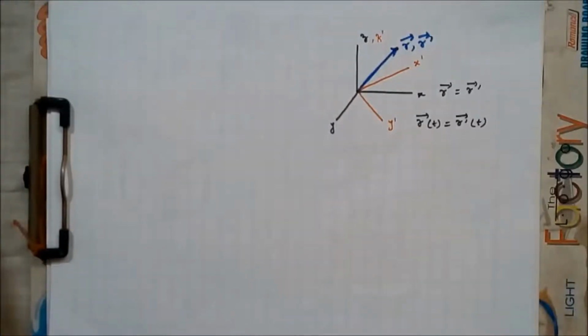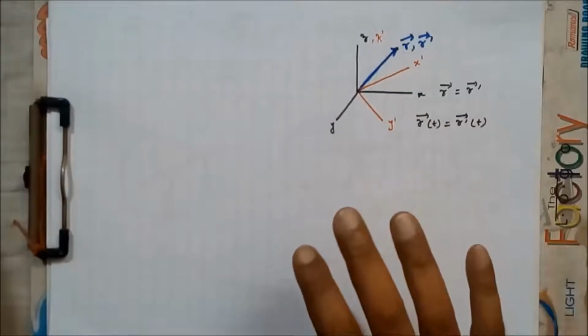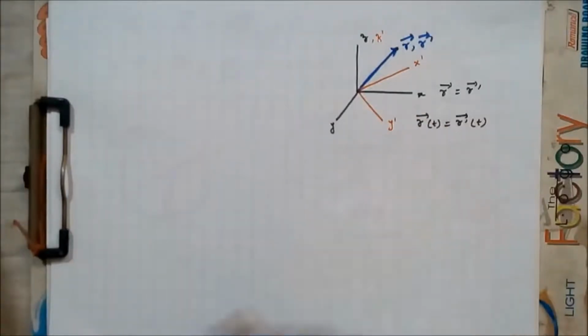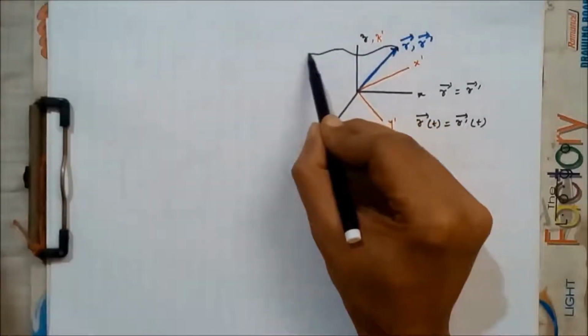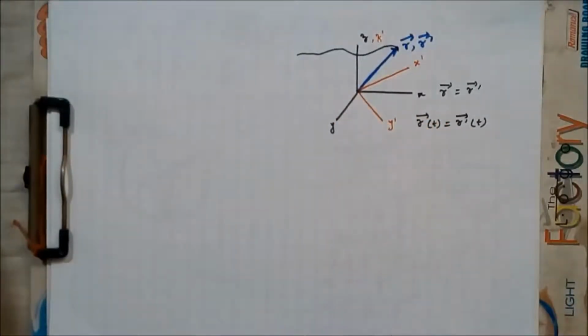But essentially we are representing the same vector as seen in the 2 different frames of reference, and this is true for all times t as the particle moves through space, with time being the parameter with respect to which the particle moves.